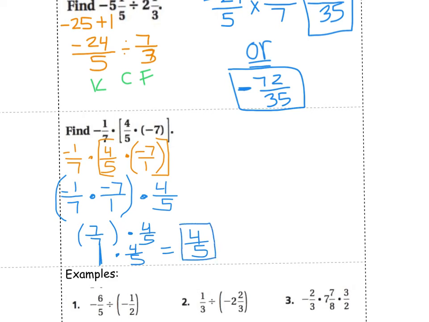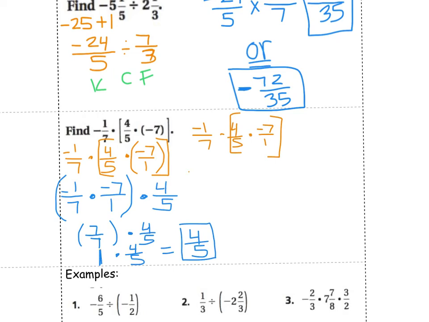I just want to show you guys real quick what would have happened if I multiplied across, if I didn't want to deal with moving things around and I just left it as it is. So -1/7 times 4/5 times -7/1. So my brackets are here and here, but in multiplication we said it didn't really matter.